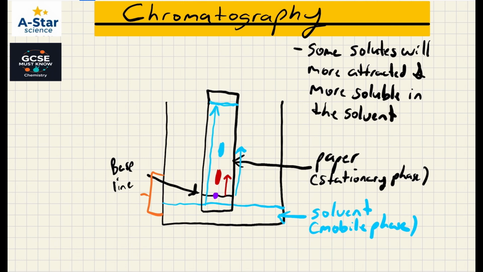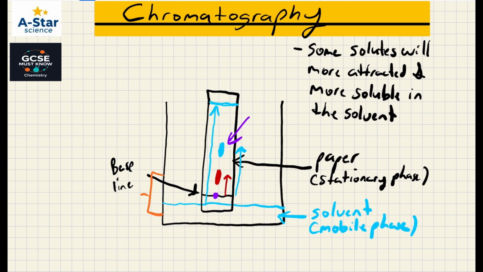So for example, in our case, the blue portion of the mixture is much more soluble, and so rises much quicker and easier with the solvent front as it travels up. Whereas the red mixture is not as soluble, is not as attracted, and so it doesn't rise as much as the blue mixture. And in this way, you can compare the RF values of different colors. Even though they may look similar, they may have different RF values.